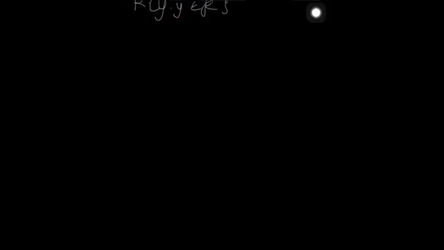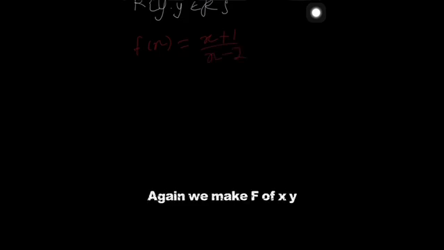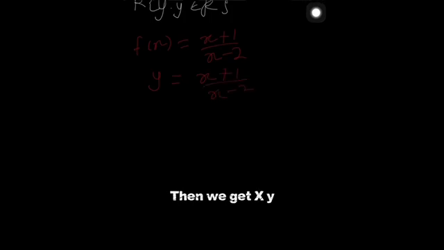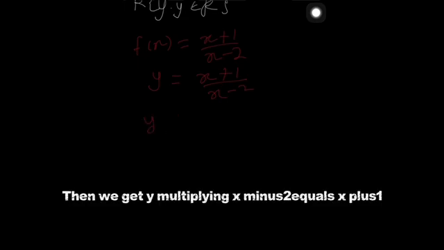Let's take another question. f of x equals x plus 1 over x minus 2. Again, we make f of x y, then we get y equals x plus 1 all over x minus 2. Then we get y multiplying x minus 2 equals x plus 1.